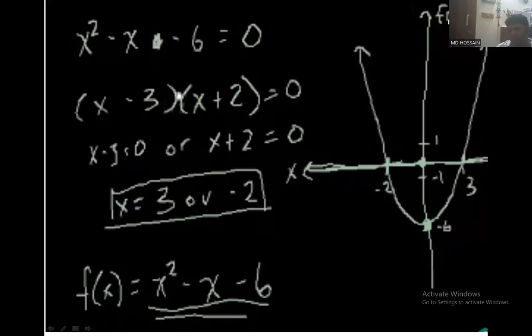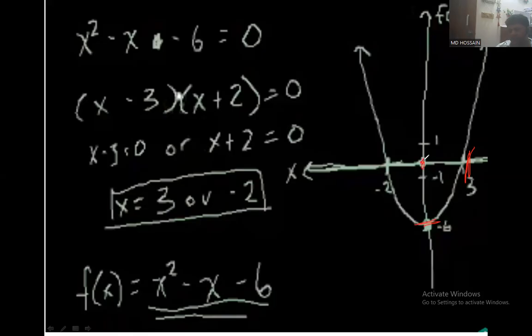See here the fx function, this is the function, and this is the x line. So -6 means this one -6, and the x value is 3, x this one is 0, x value is 3, means x value is 3 means this one, and this one is -6, and this one is 0.